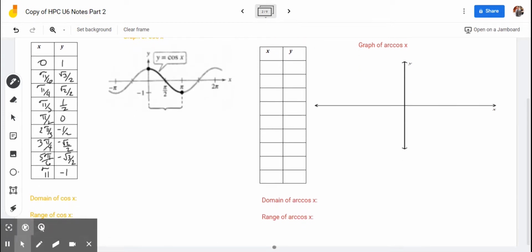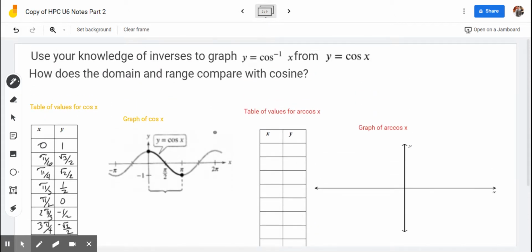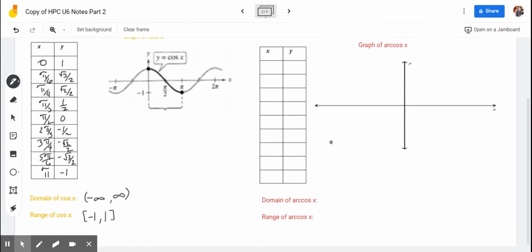The domain for cosine of x, the original function, is negative infinity to infinity, because I could plug in any value that I want in for x and I will get an output. And the range is negative 1 to 1 inclusive, because positive 1 is our max, negative 1 is our minimum. Remember, for the inverse functions, our domain and range are going to be reversed.